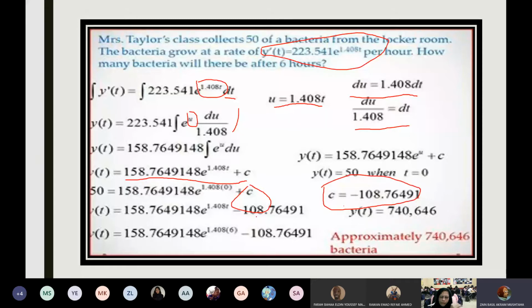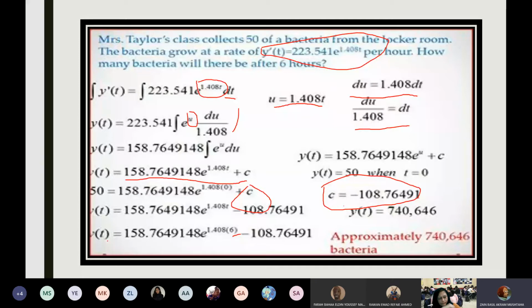Okay, so go back to the question. The question asks us to find the number of bacteria after 6 hours, so t will be equal to 6. We have this function. We replace t with 6 and calculate y of t to find the number of bacteria.